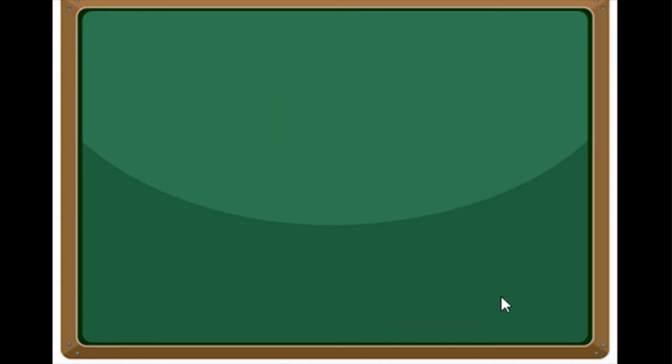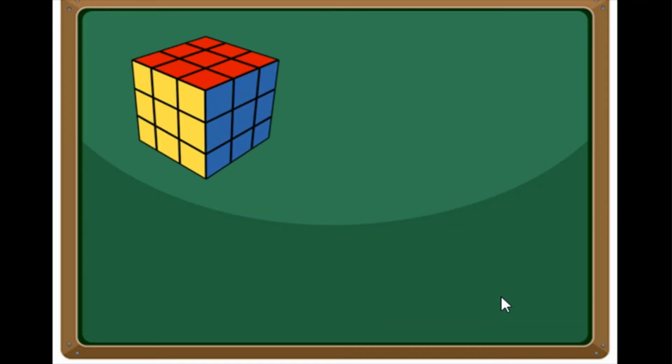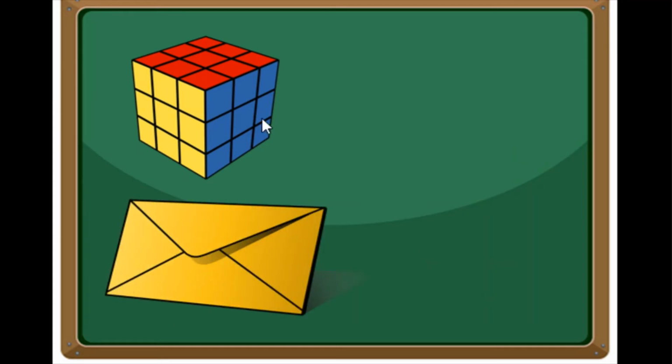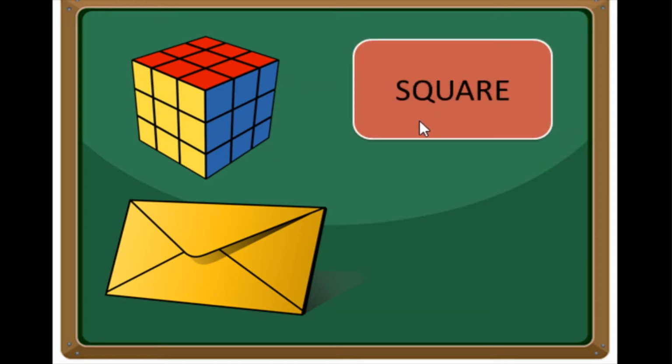We're down to the last 2 pictures for this topic. How about this Rubik's Cube? Is it a square or a rectangle? Very good. It is a square.